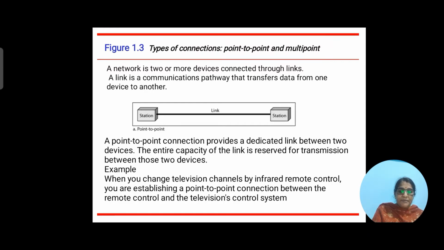The entire capacity of the link is reserved for transmission between those two devices. Most point-to-point connections use an actual length of wire or cable to connect the two ends, but other options such as a microwave or satellite link are also possible.